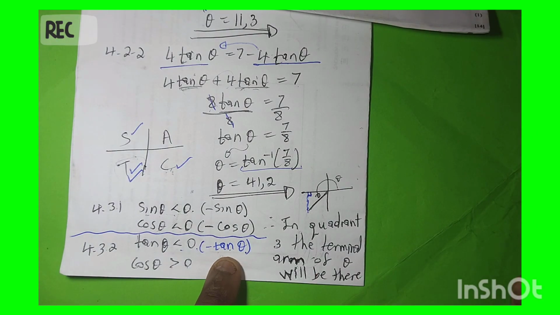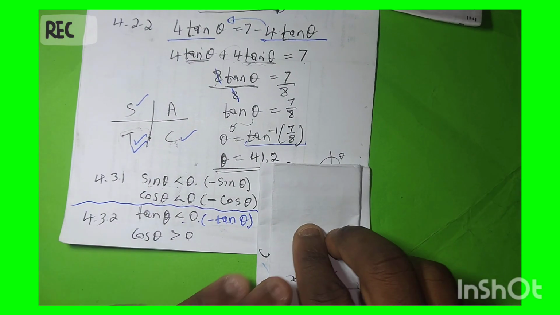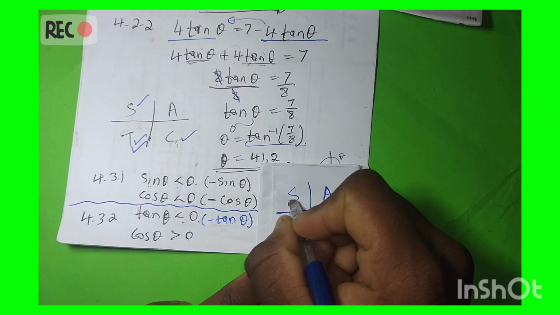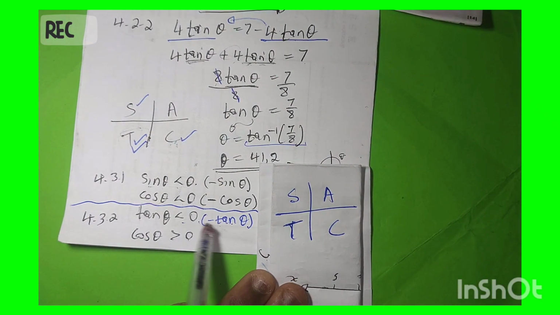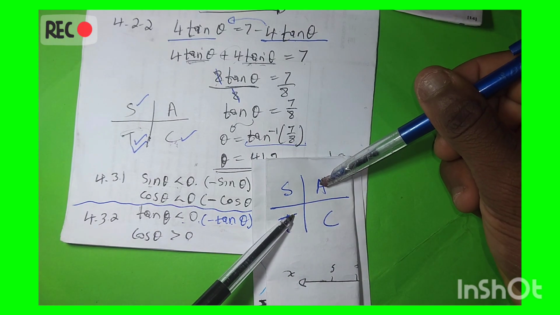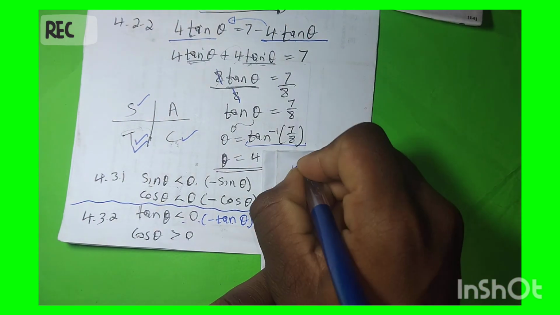Now let's go and check our Cartesian plane, All Student Take Coffee. Where is tan negative? In these two quadrants tan is positive, meaning tan is negative here and there.